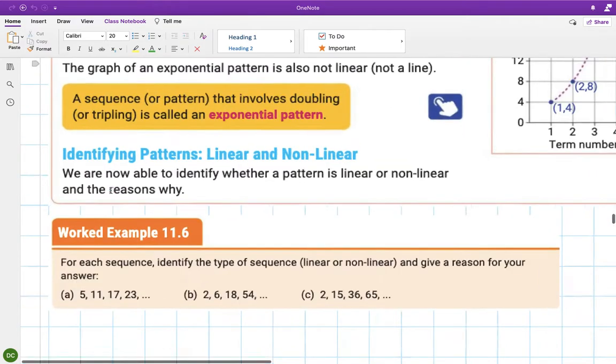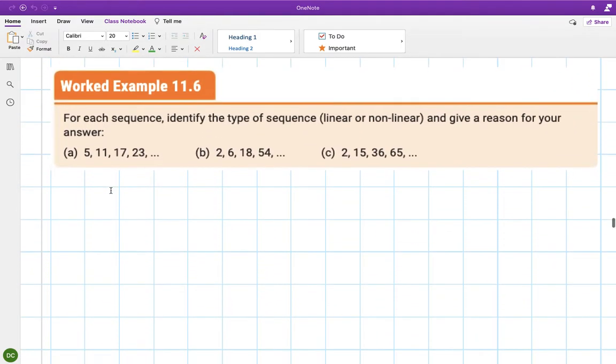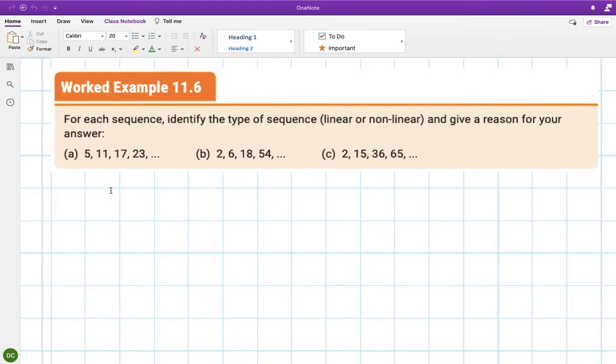Okay, so there's another 2 patterns I want to talk about, but we're just going to stick with quadratic for today. So we now know 2 patterns, right?